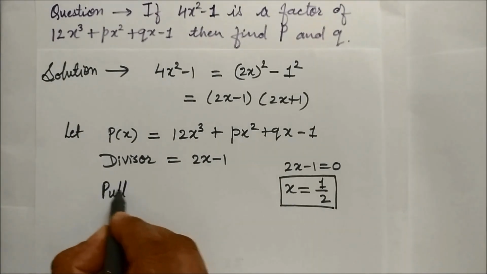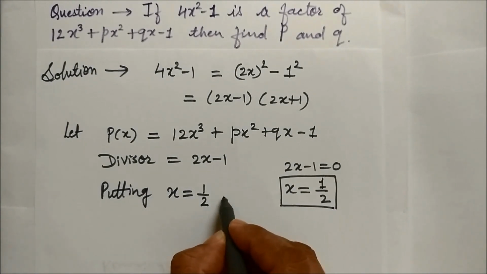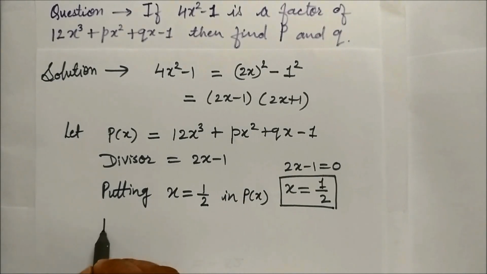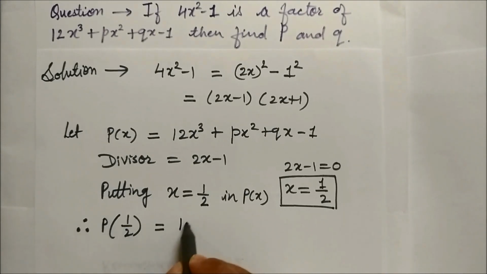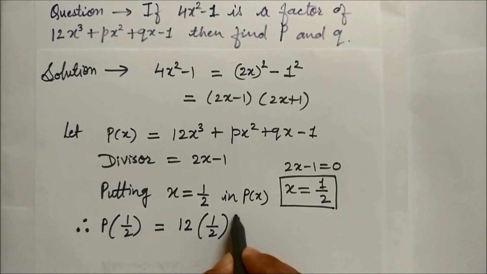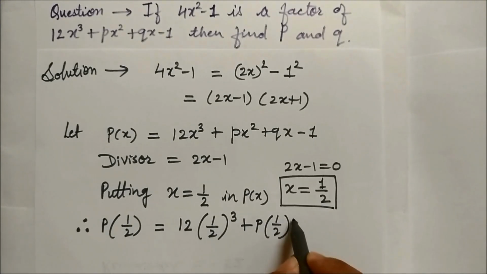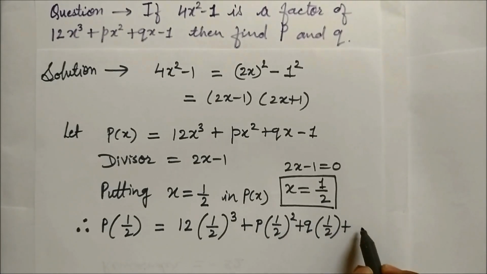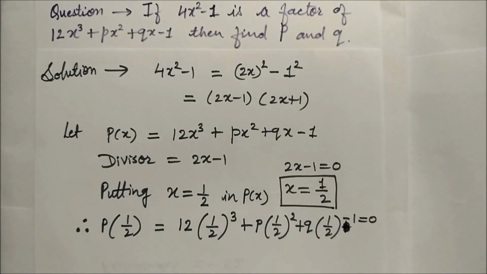Putting x is equal to 1 by 2 in px, that means in the polynomial. So p of 1 upon 2 is equal to 12 into 1 upon 2 whole cube, plus p into 1 upon 2 whole square, plus q into 1 upon 2, minus 1 is equal to 0.